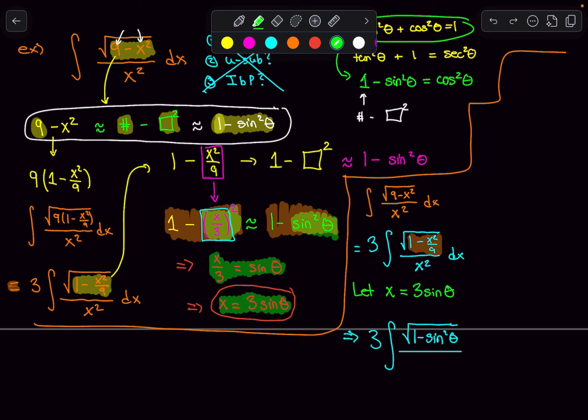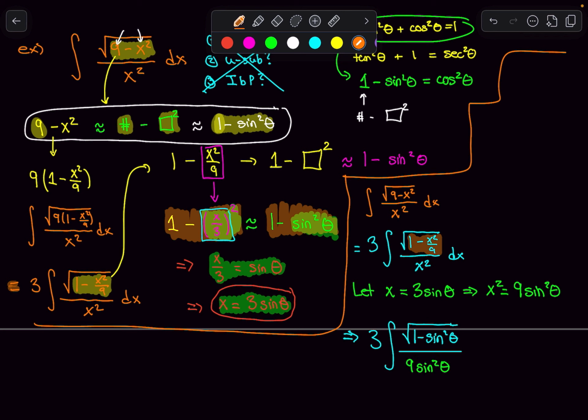Now, let's address the rest of the items in the room. First and foremost, we would need to replace this x squared with something in terms of theta, and that's not too bad because this means that x squared is equal to 9 sine squared theta. So that's what I'm going to put in the denominator here, 9 sine squared theta.